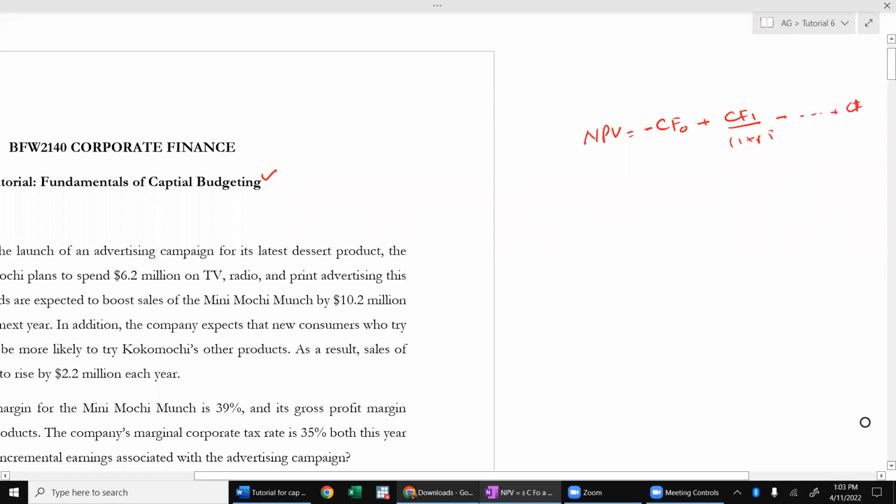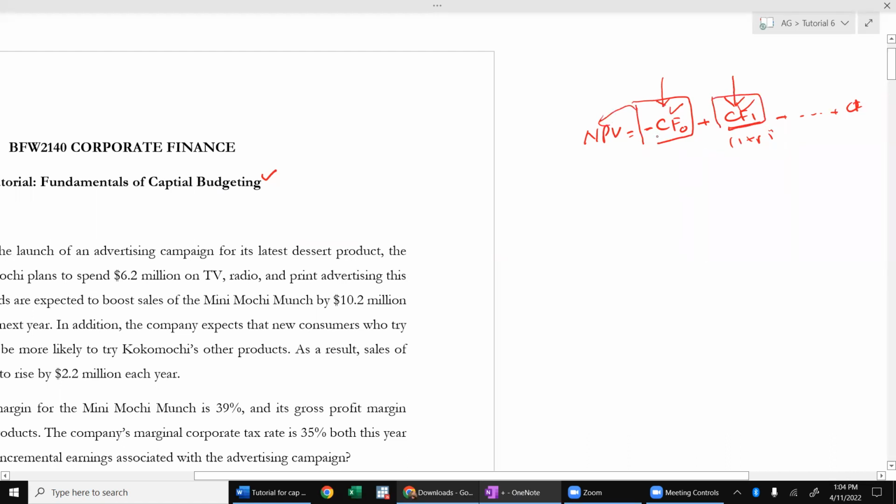So previously, when I taught you investment decision rules, these cash flows were given, right? But now, how do we get those cash flows and where do we find them? Is there any way that we can calculate these cash flows? This chapter actually deals with the estimation of these cash flows. So this is an input to calculate NPV.